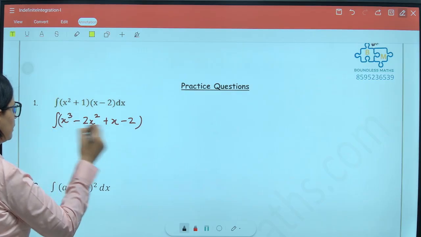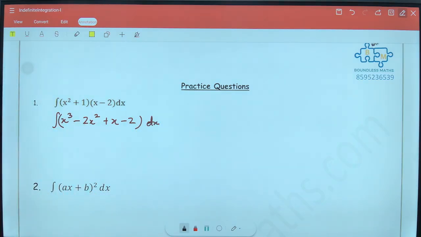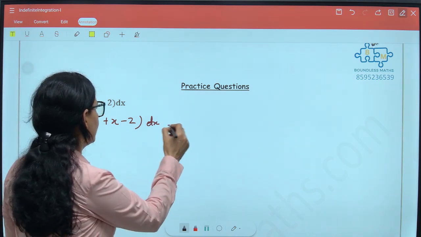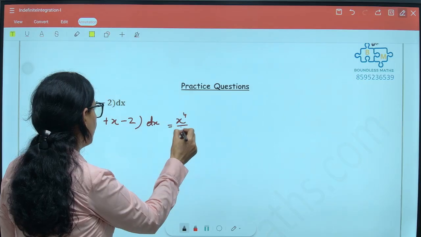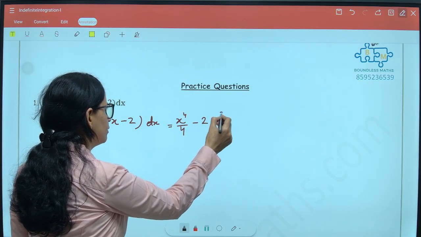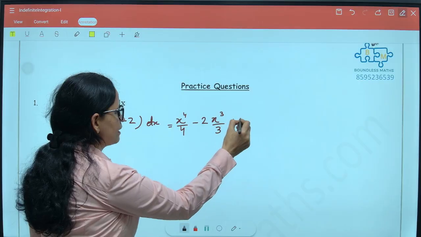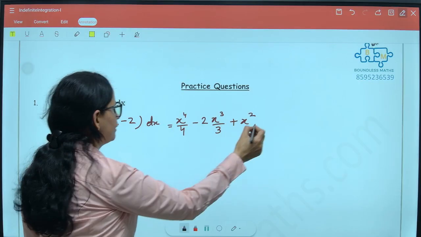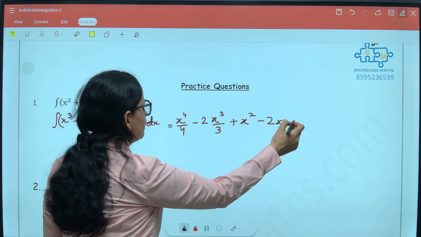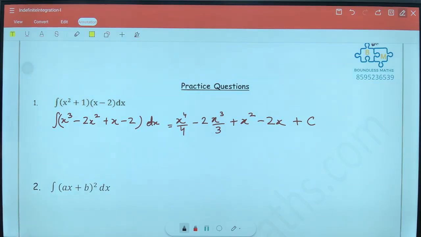Now we integrate this. As per the formula for integration, we get x to the power 4 upon 4 minus 2 x to the power 3 upon 3, because the power gets increased, plus x square upon 2 minus 2x, and please do not forget the constant of integration. So this is the answer for this question.